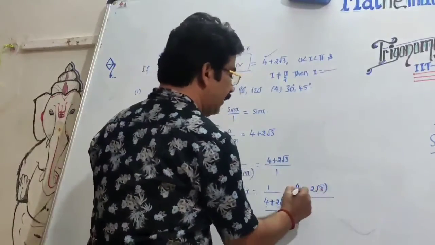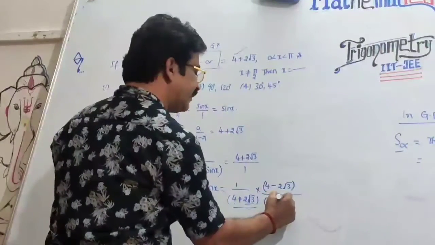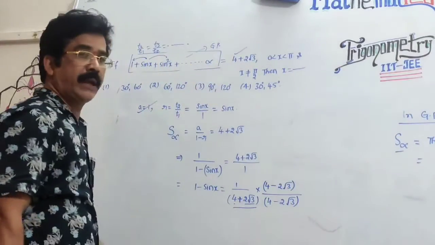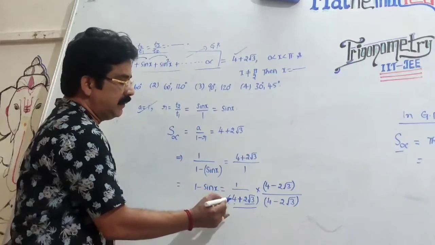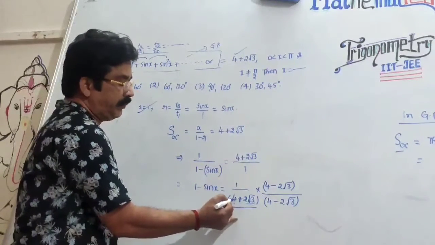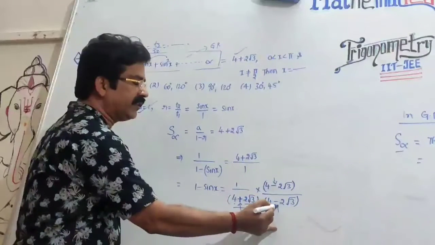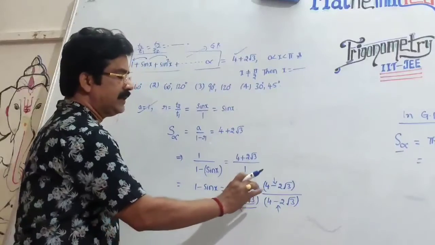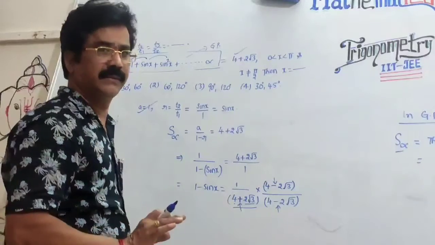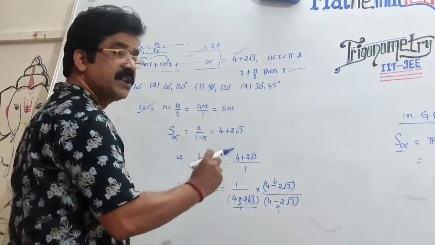So therefore, multiply with the minus and divide by minus, means 4 minus 2 root 3. Once again 4 plus 2 root 3. Here we took minus, opposite sign, same numbers. This process is called rationalization. In this process we are getting a rational number.